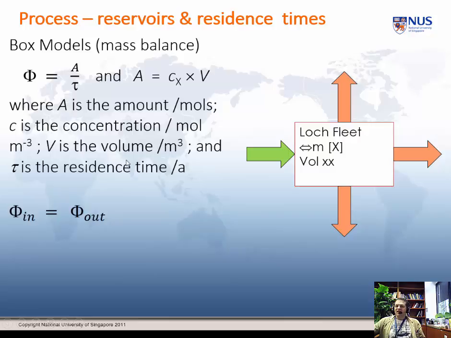I've defined the terms here. It's very, very similar to what you were doing in the mass balance stuff. But of course, now we're looking at the natural environment rather than anything else.